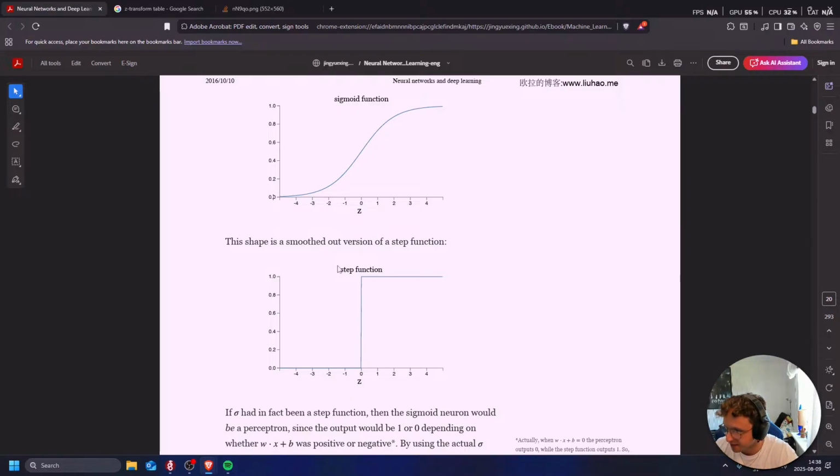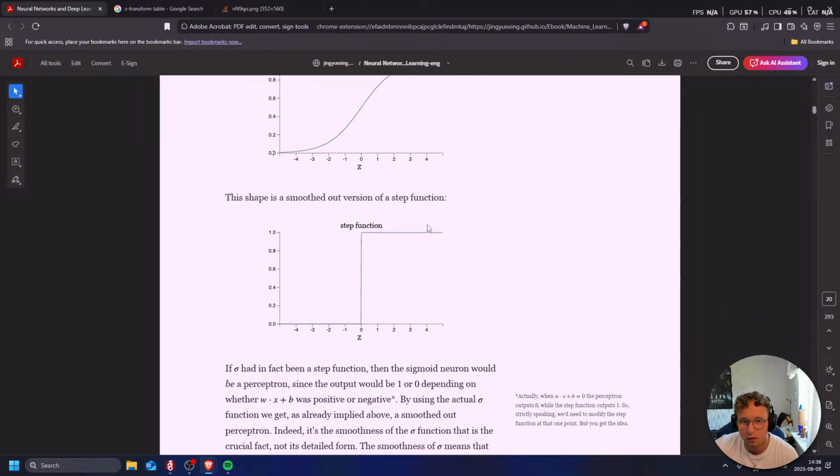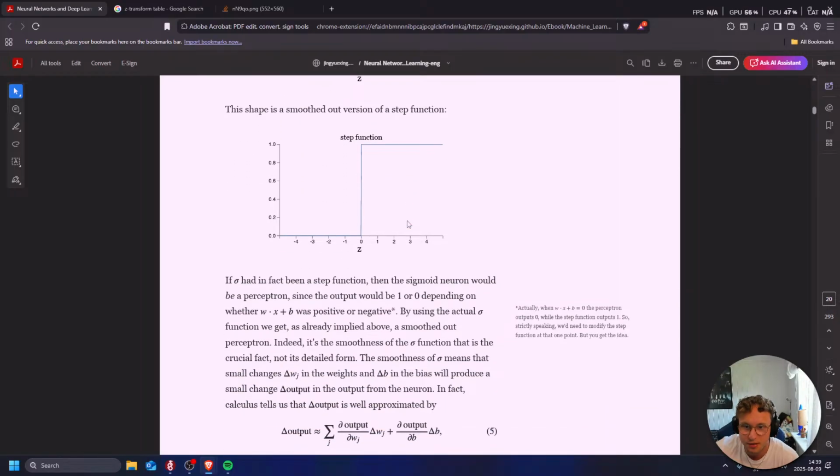And then at 0, we go from 0 to 1 immediately, which makes sense. So this is a smoothed out version of the step function.